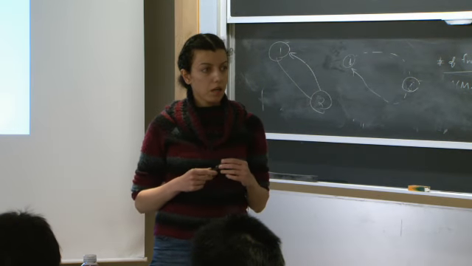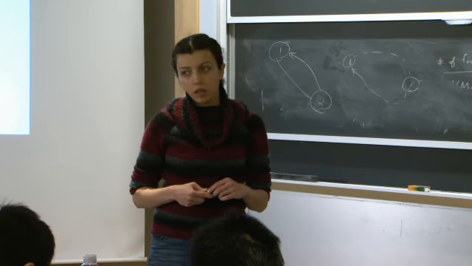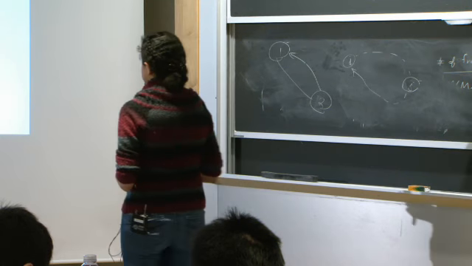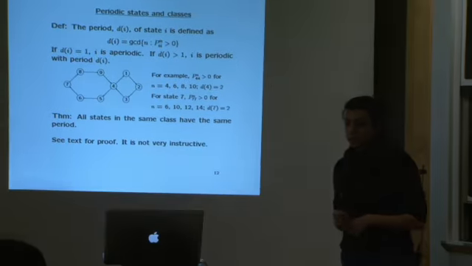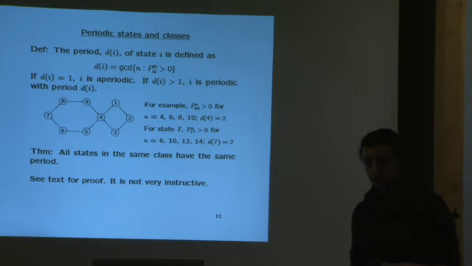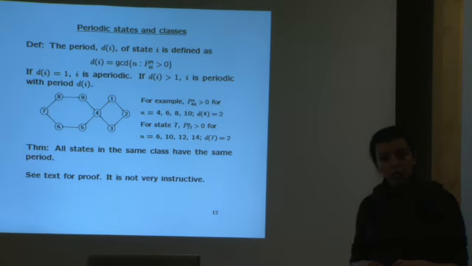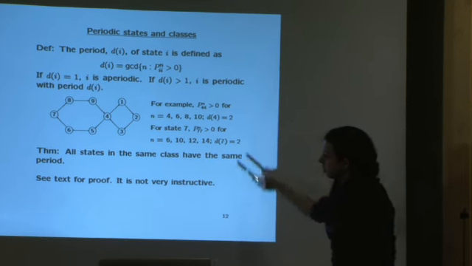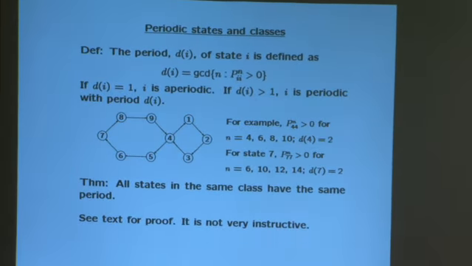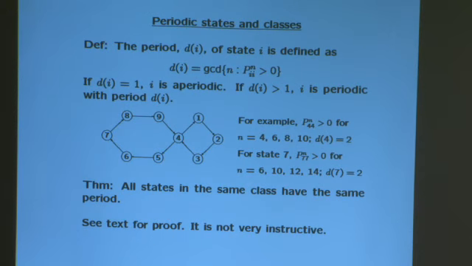You see? This is a result very similar to that one, which says that all the states in the same class have the same period. And in this example, you see it too. The proof is not very complicated, but it takes time, so I'm not going to do it.